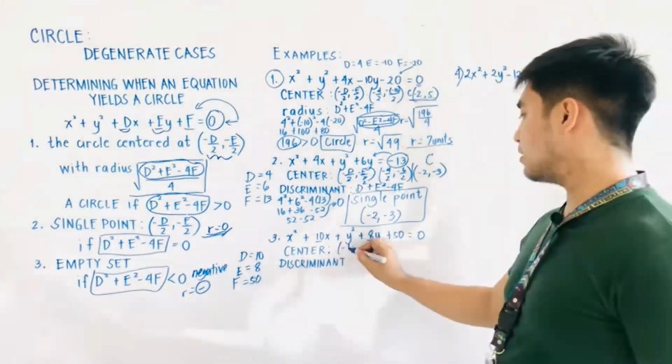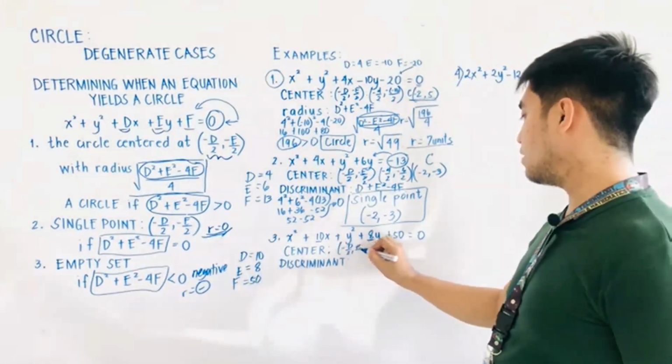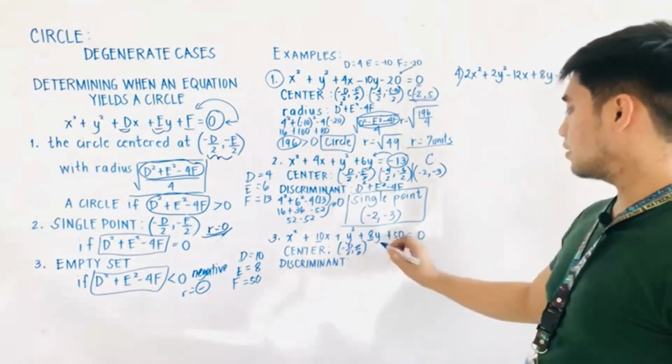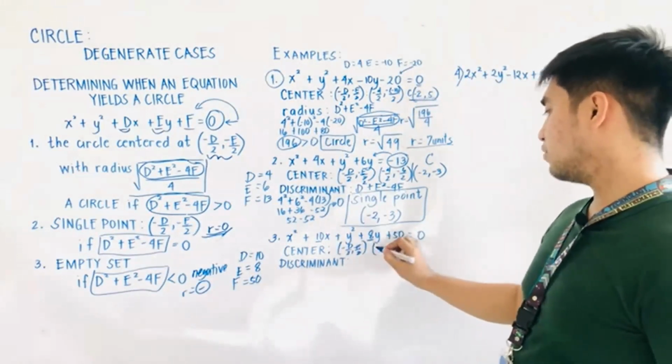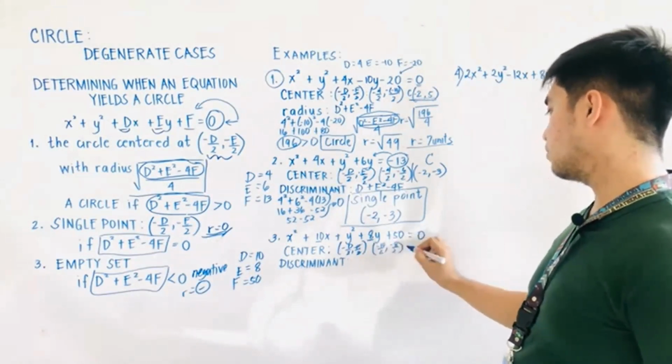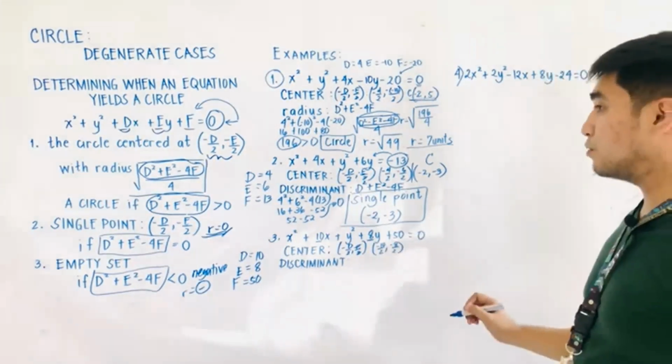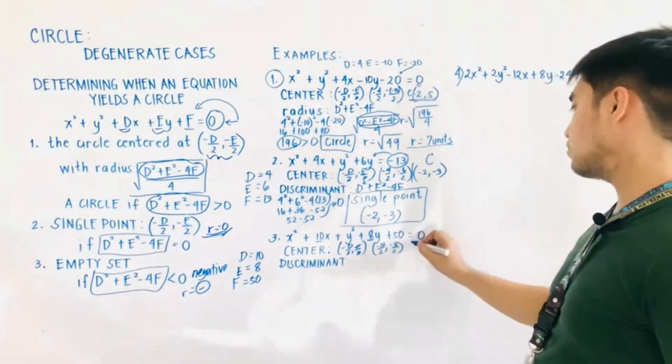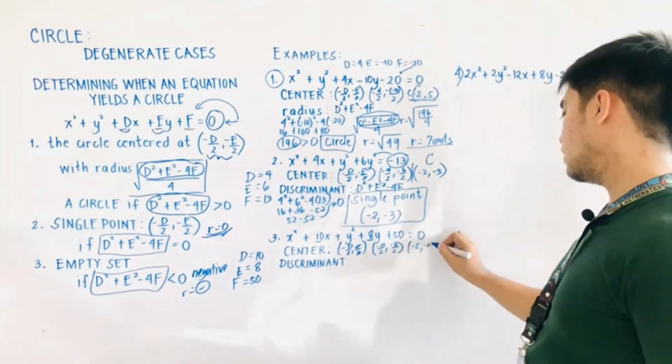Center is located at negative d over 2, negative e over 2. Okay? Therefore, this is equal to negative 10 over 2 and negative 8 over 2. And what is negative 10 over 2 and negative 8 over 2? Therefore, that is negative 5, negative 4.